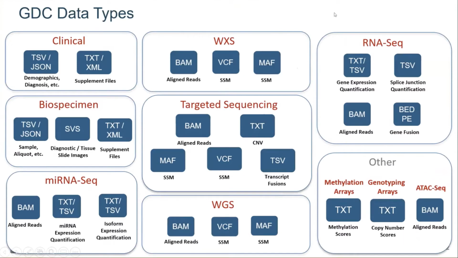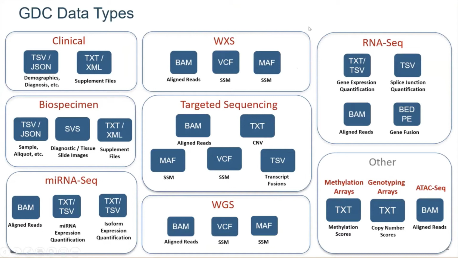To talk about the GDC data types, the category of the data types available in GDC and their associated file formats. Clinical data such as demographics and diagnosis are provided as TSVs and JSONs, while supplement files are provided as TXT and XMLs.